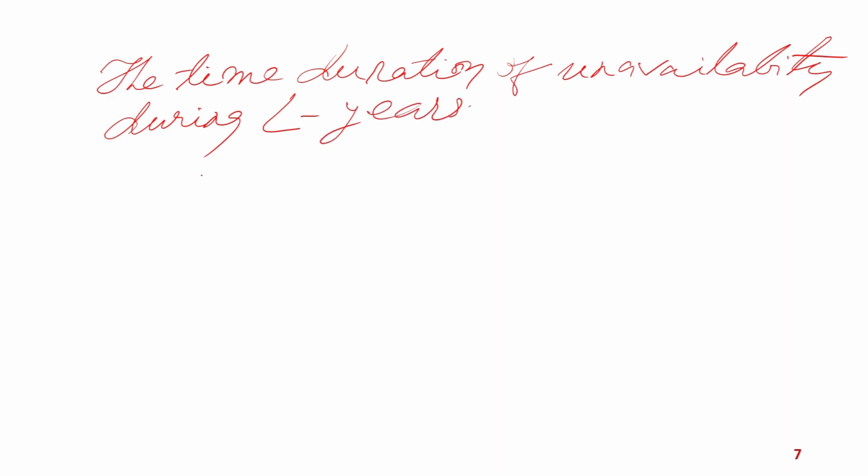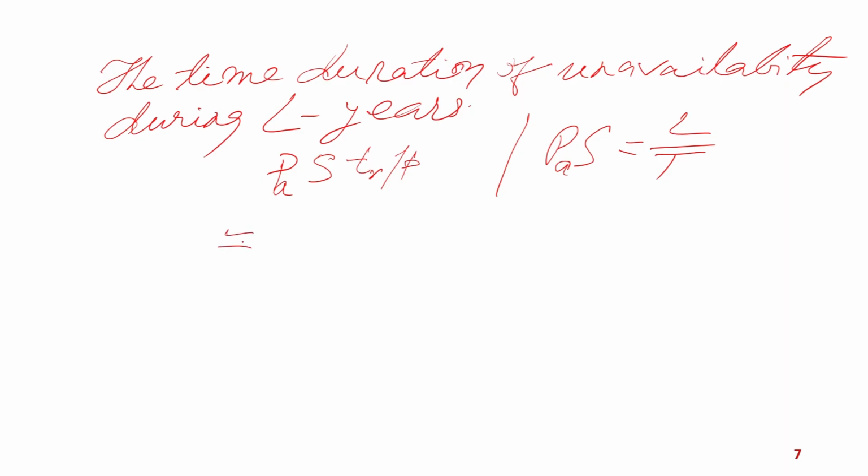So, this I can write as P A into S, where P A is the probability of satellite failure, multiplied by the number of launches, then the time to replace one satellite, so it is T R by P. We already wrote that P A into S is equal to L by t. So, this is equal to L T R by P t.